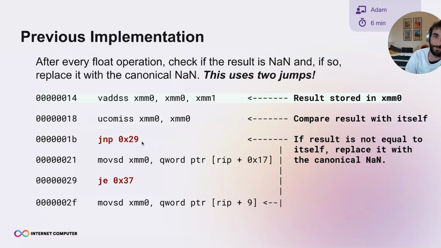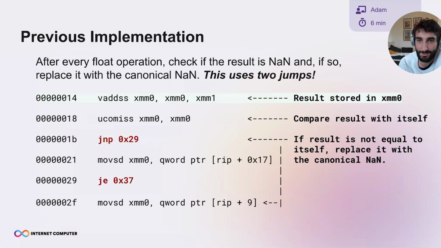So I'm not going to go into the details too much, but this is the assembly that Wasmtime used to generate for NaN canonicalization. In the example here, we're just doing an addition of 2 floating point numbers. And in the second line, what it does is it compares a float with itself.